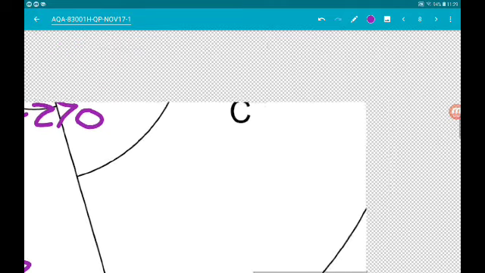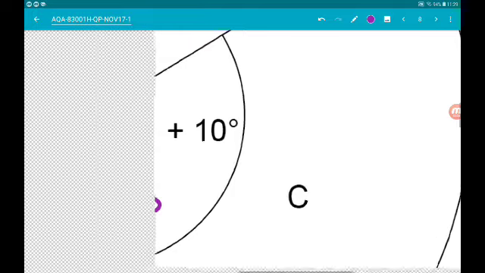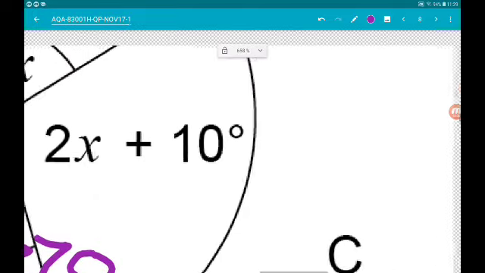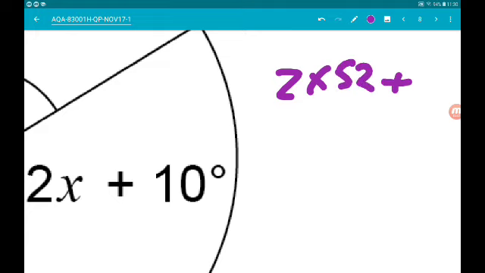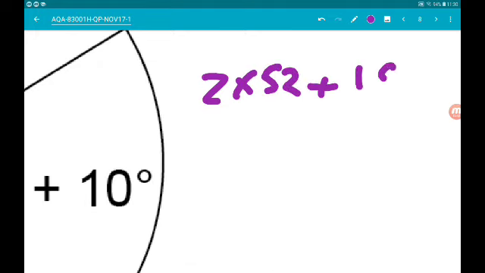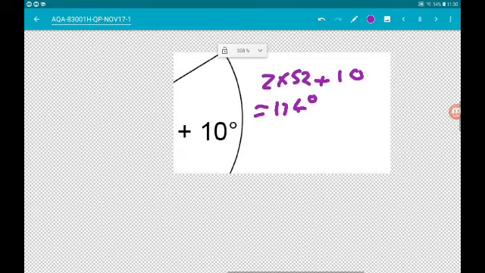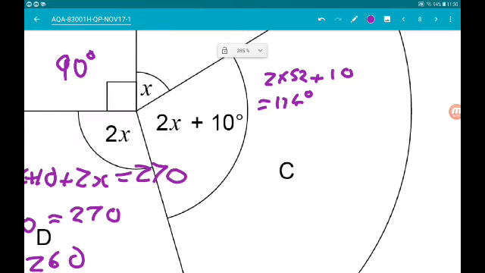Now that we know the size of x, we can work out the size of this angle. So 2 times 52 add 10 is 114 degrees.